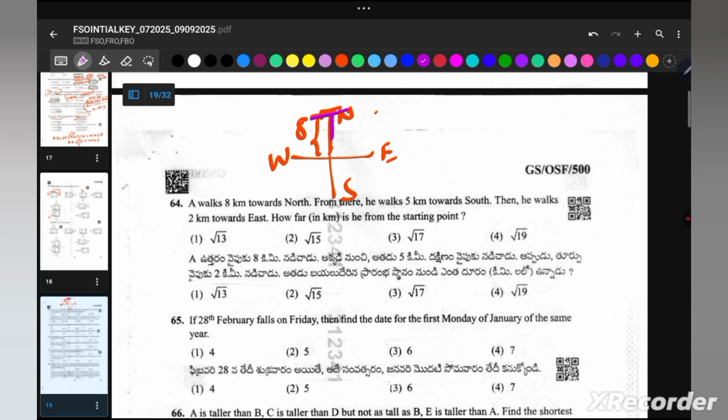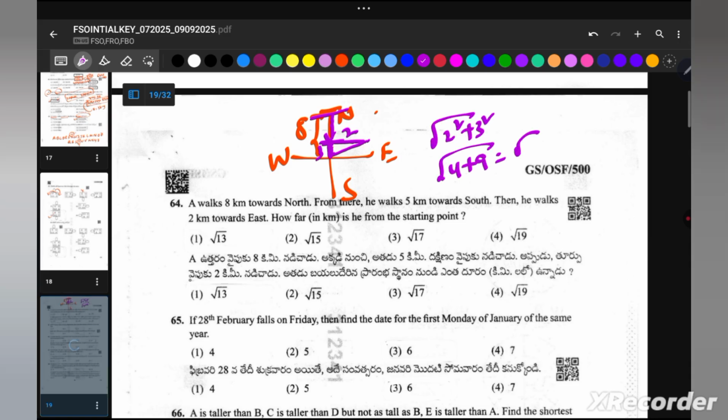Again, he comes back 5 kilometers. Now, this is 5 and this is part of 3. Remember. He walks 2 kilometers east from here. 2 kilometers east. This is 3. This is 2. East. What is the position of this one from the initial position? 2, 3. The square root of 2 square plus 3 square, 4 plus 9, will be equal to root over 13.